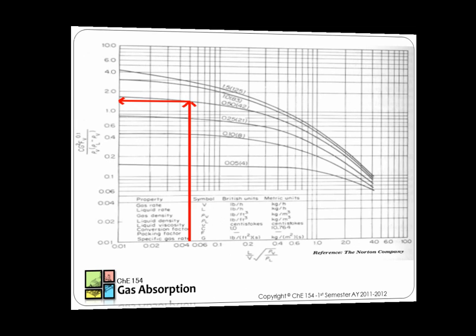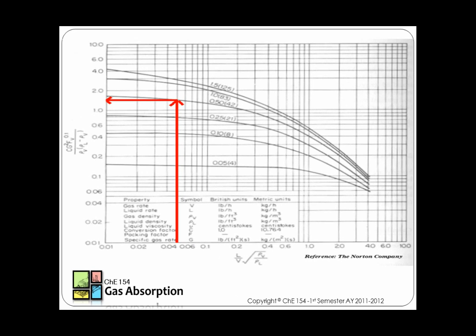Since we already obtained the value for the x-axis, we can now plot it in the design gas rate chart. First, locate 0.0507 in the x-axis. Extend the point vertically until the line intersects with the 42 mm water per meter packing line.